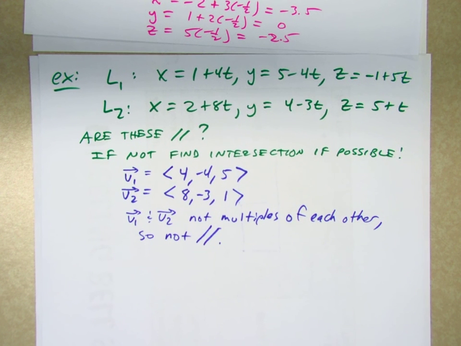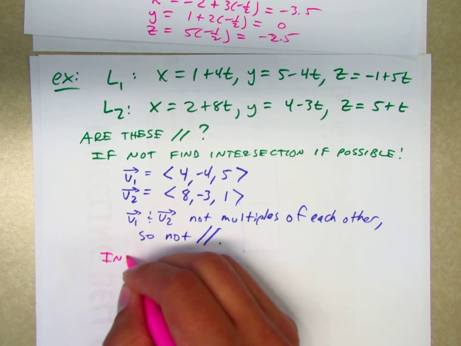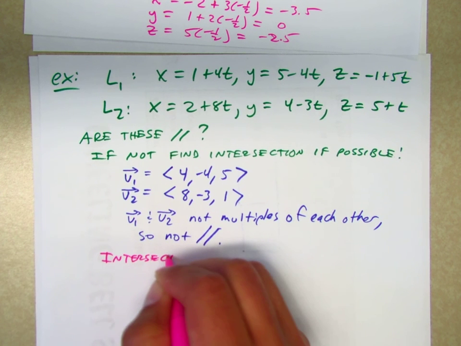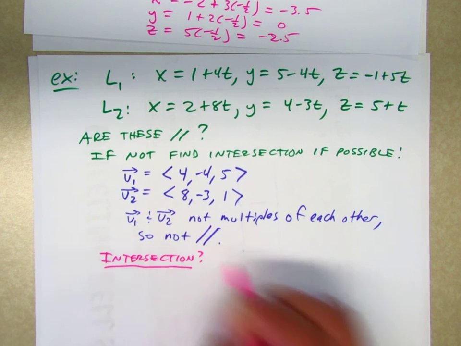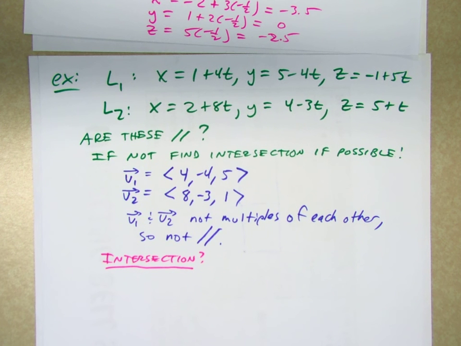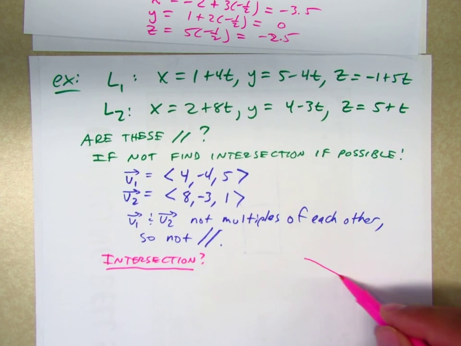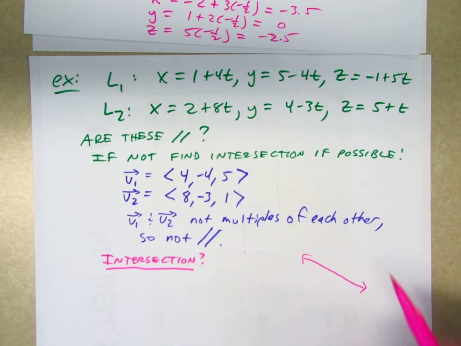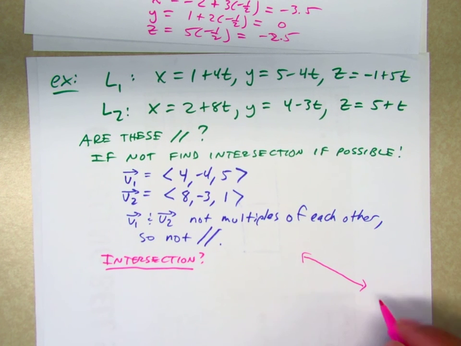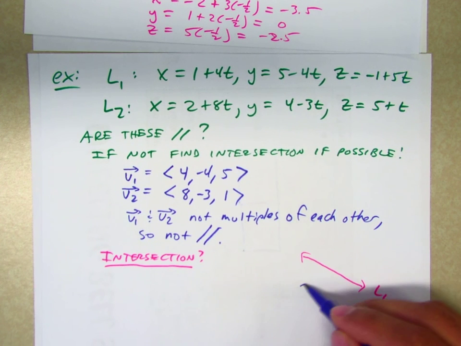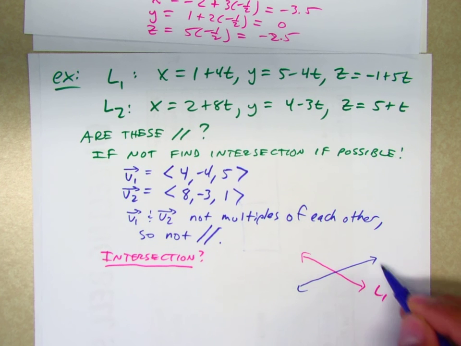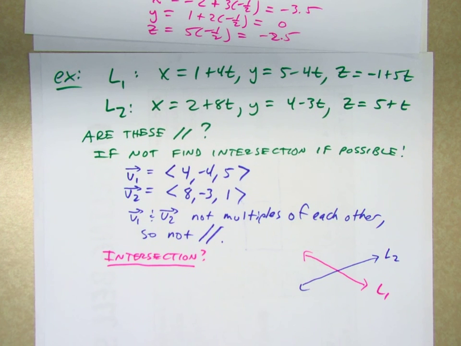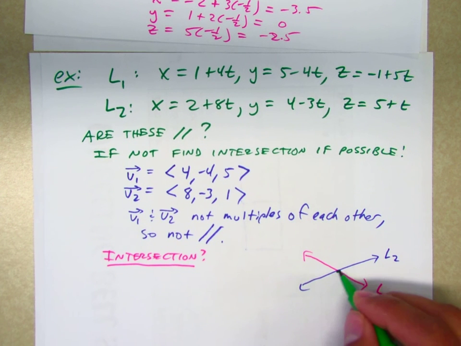Now, to find the intersection, I just want to make a couple things clear. Let's say we have L1 looks something like this, and L2 looks something like that. Let's suppose there's an intersection point.